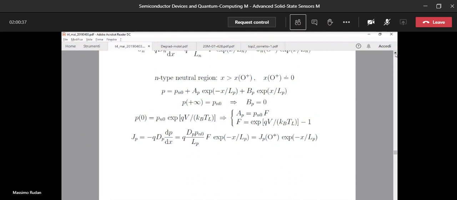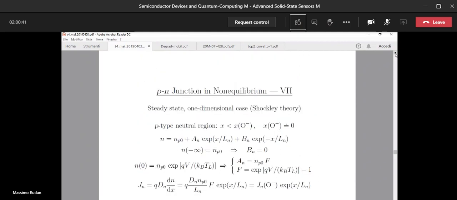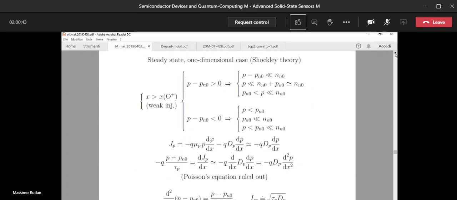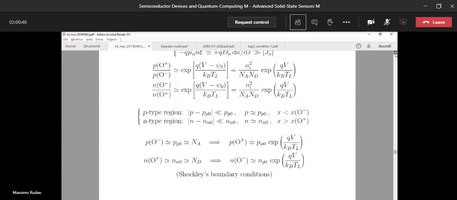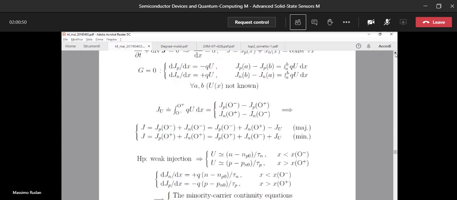We go back. And we have Jp of O plus. So we have almost finished, because we have calculated J as the sum of Jp of O plus that we know, plus Jn of O minus that we know, plus Ju still to be found.